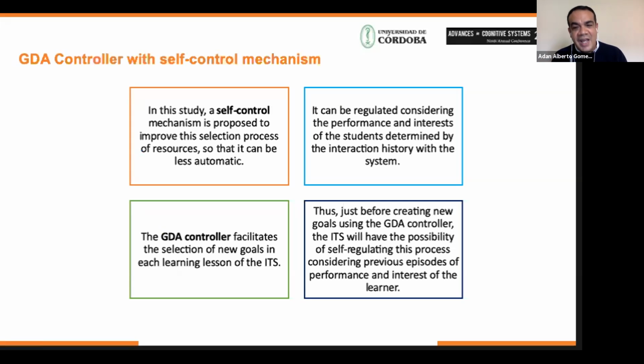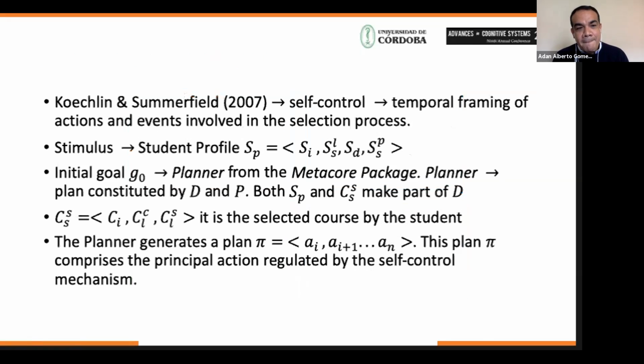In the previous slide, we could observe that the GDA controller facilitates the selection of new goals in each learning lesson of the ITS. Thus, just before creating new goals using the GDA controller, the ITS with the self-control mechanism will have the possibility of self-regulating this process, considering previous episodes of performance and interest of the learner.